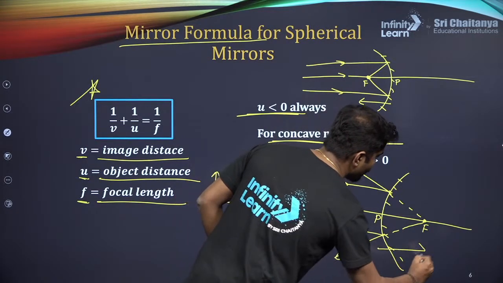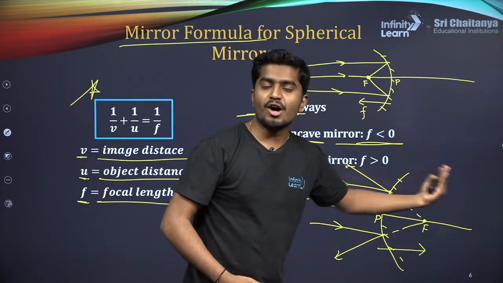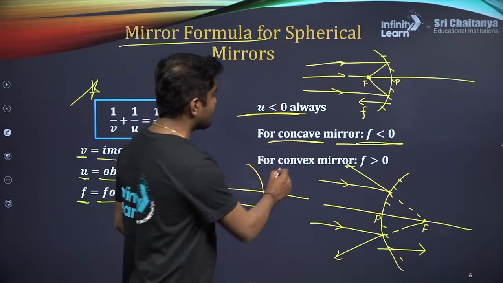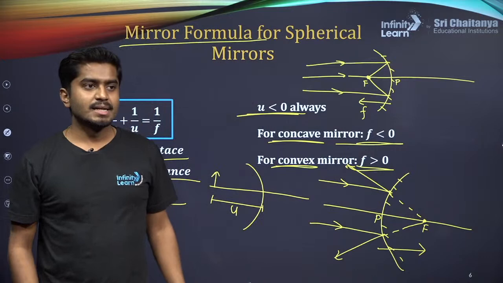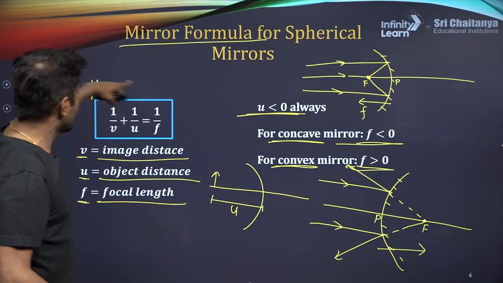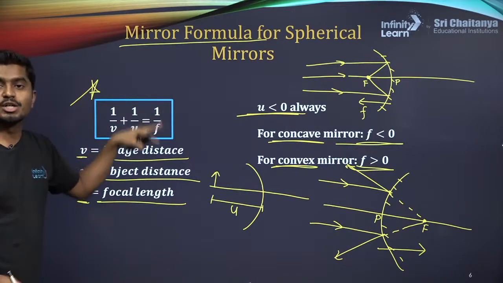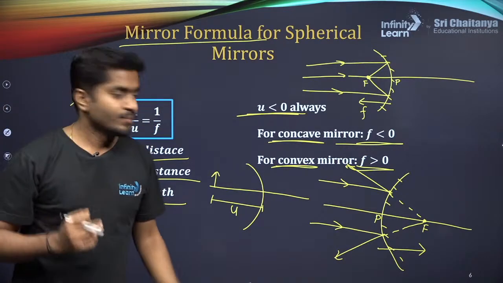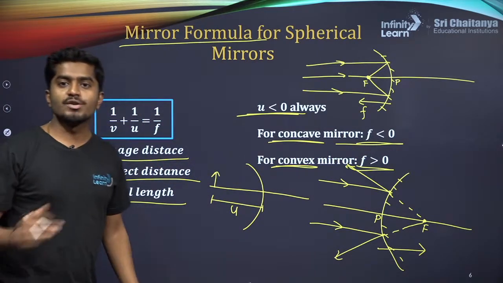You measure the focal length on the right, so you go to the right of the pole. So focal length for the convex mirror is positive. Clear? If you know this, then you can use this formula. If it is a concave mirror, you should use the negative sign for the focal length. If it is a convex mirror, you should use the positive sign.